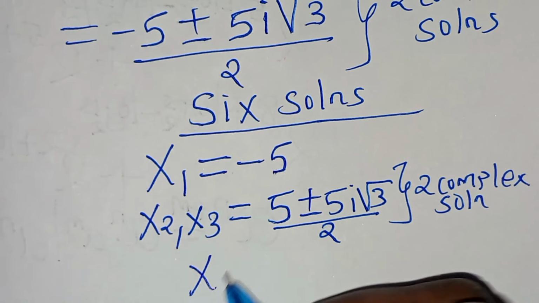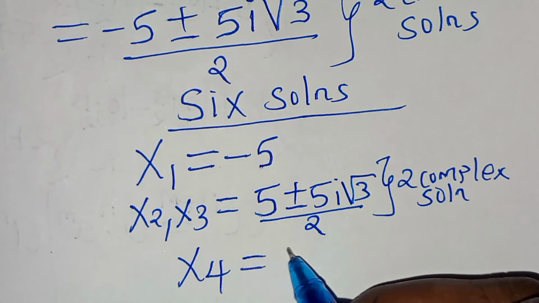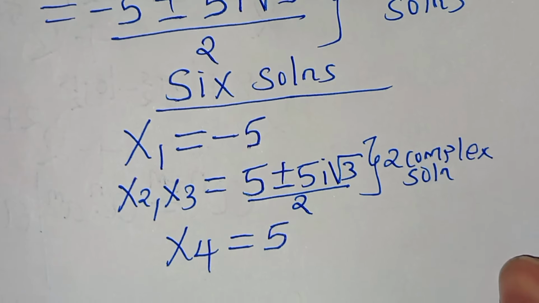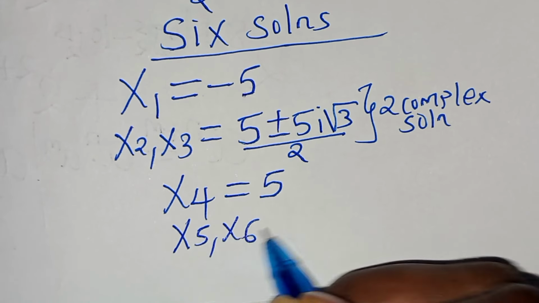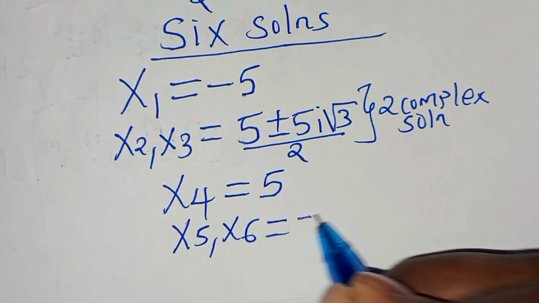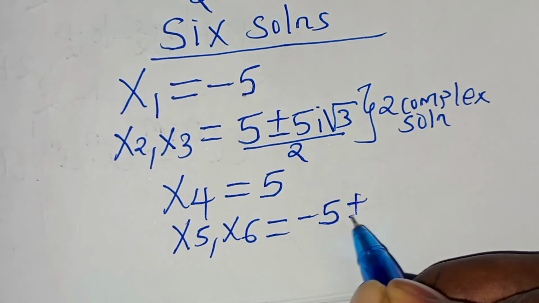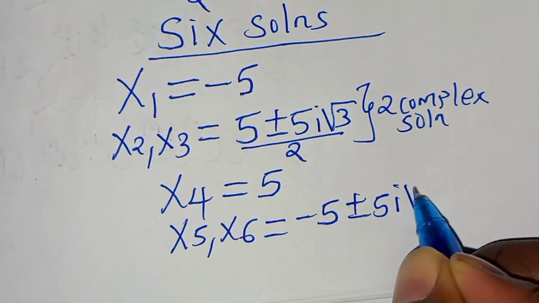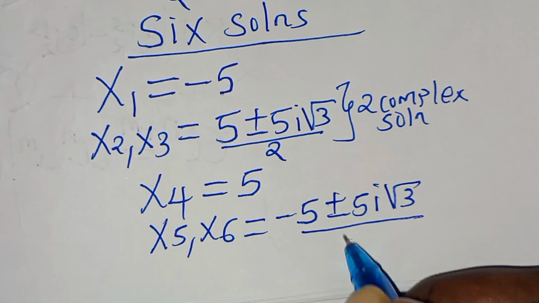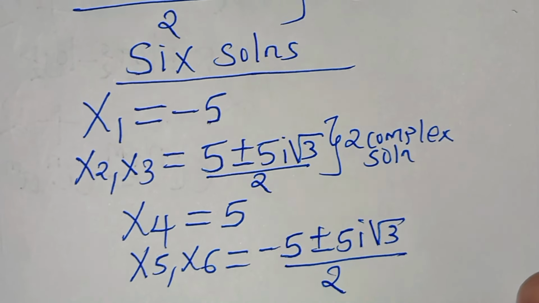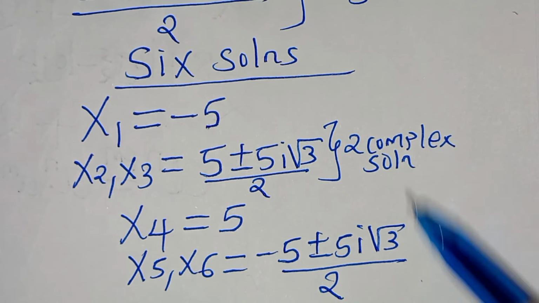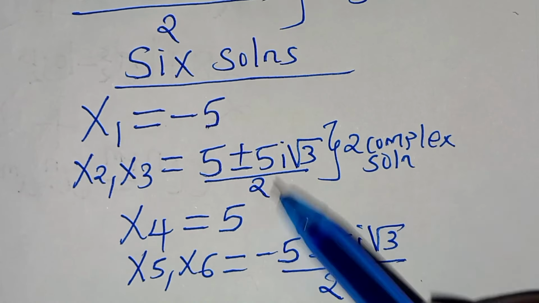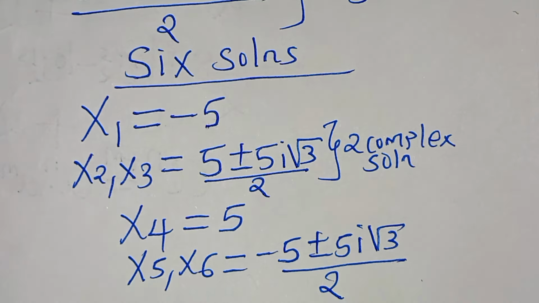And we have that x4 is equal to 5. We have that x5, x6 is equal to minus 5 plus or minus 5i square root of 3, everything divided by 2. So again, these are two complex solutions, which means we have 4 complex solutions and only 2 real solutions here.